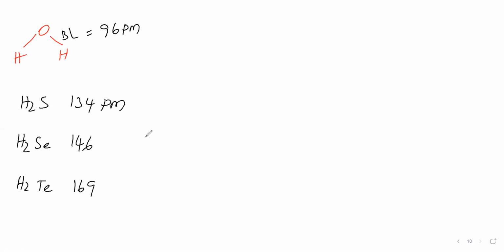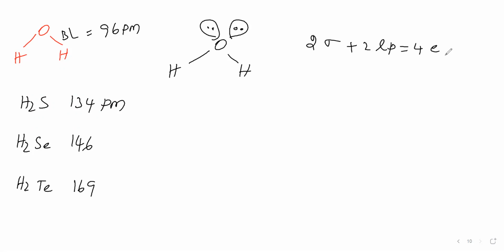Next we will see bond angle. Water we will take. In water, oxygen has 2 sigma bonds and 2 lone pairs, therefore 4 electron pairs. But because of the lone pairs, the bond angle is not 109 degree 28 minutes.